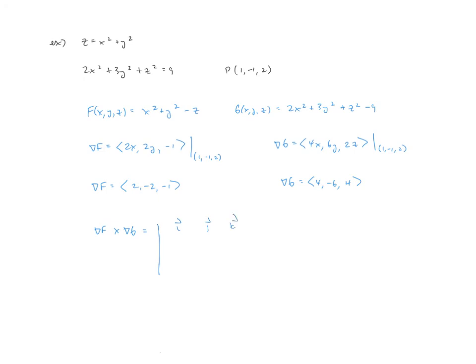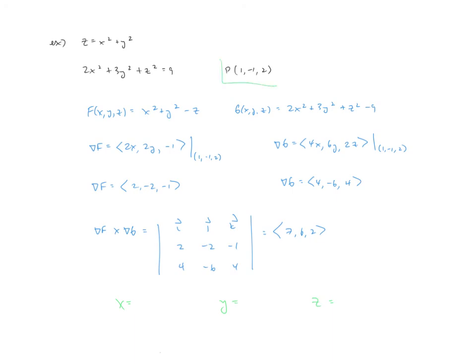So we have our i, j, and k. We have a 2, negative 2, negative 1, and a 4, negative 6, 4. And if I cross this, I'll get a (-14, -12, -4). So the equation of the tangent line, we've got x, we've got y, we've got z.